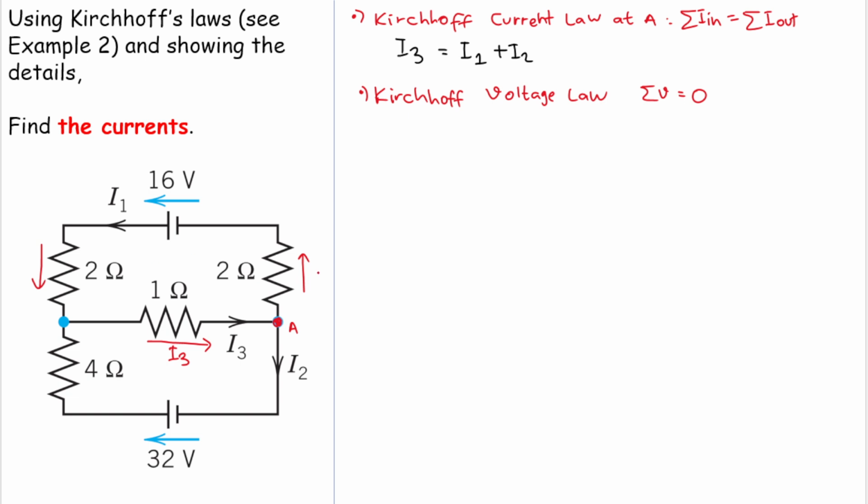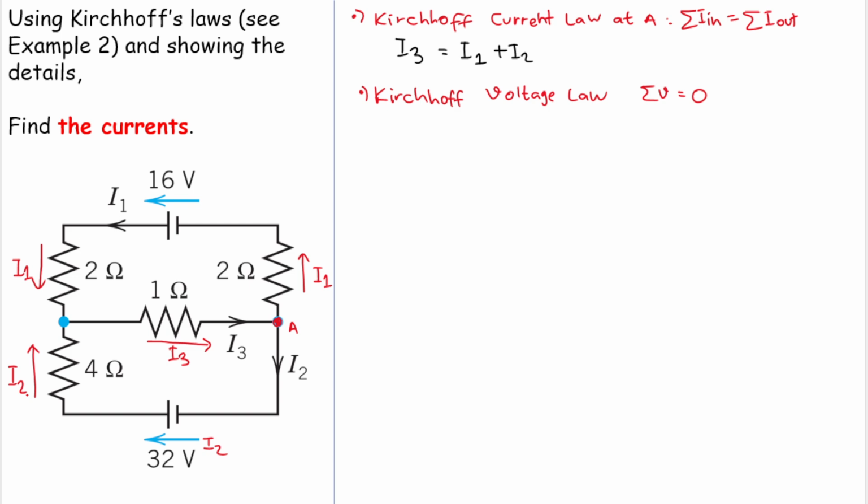So let's label this I1, and also let's label this I1 because they are in series. And here I will have I2, and this current here is also I2. And that is also the current that passes through that 4 ohm resistor. So I have this as I2.